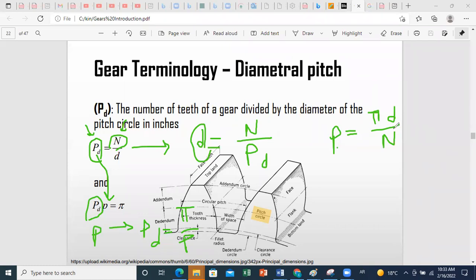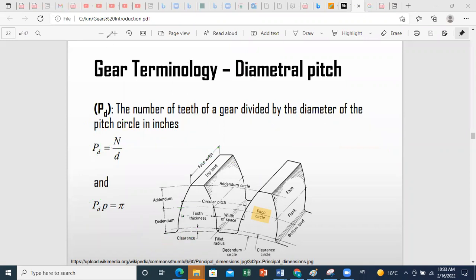Here they are considering that you know the diametral pitch and the number of teeth, and from here you can deduce the value of your pitch diameters. Okay, is it clear?